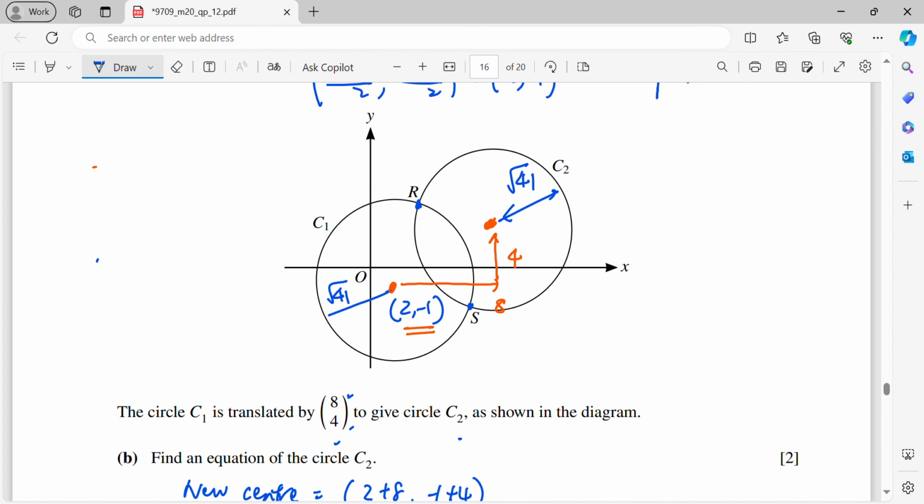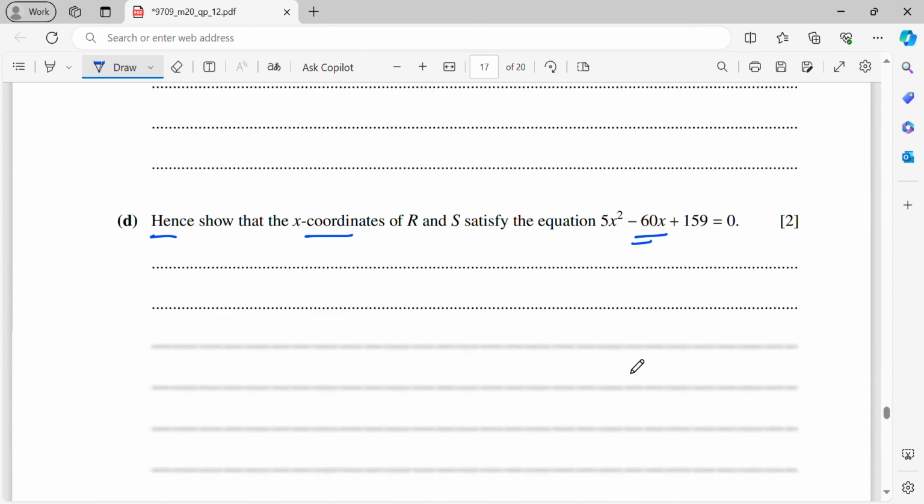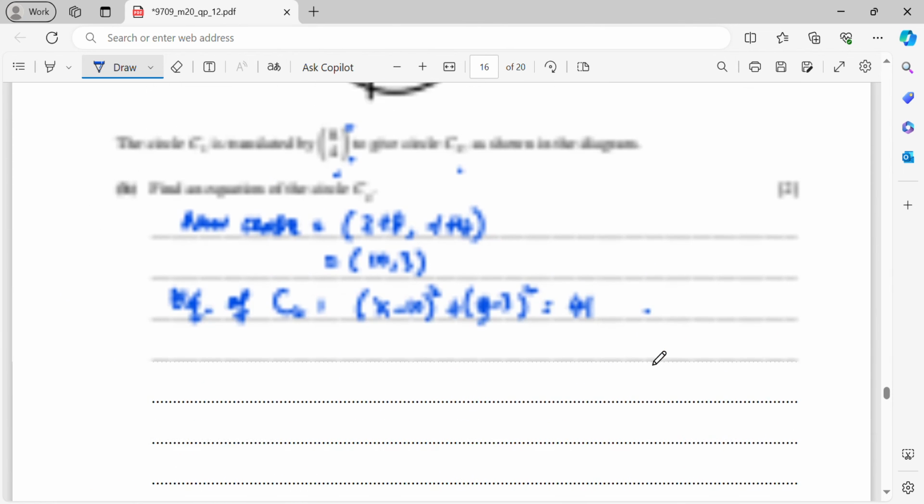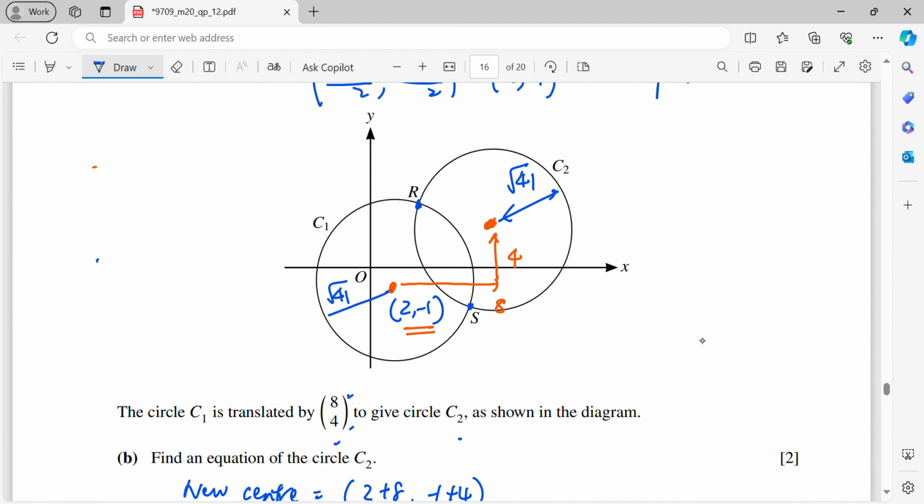So if you want to show that it's satisfying this quadratic equation in terms of x, you need to show that, right? See here, R and S, the line is here. So this line RS intersects the first or second graph at R and S. So now I will have to solve the simultaneous equations.